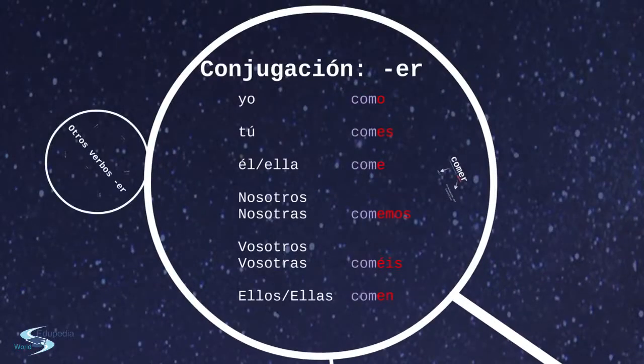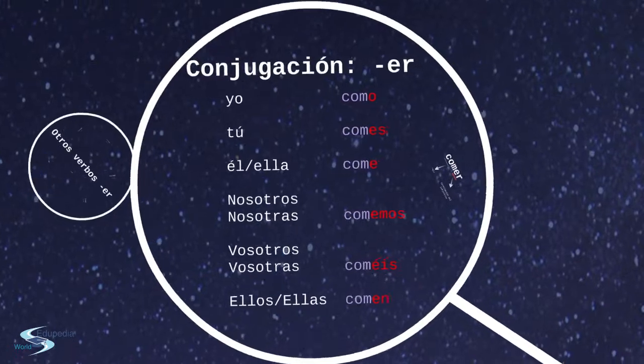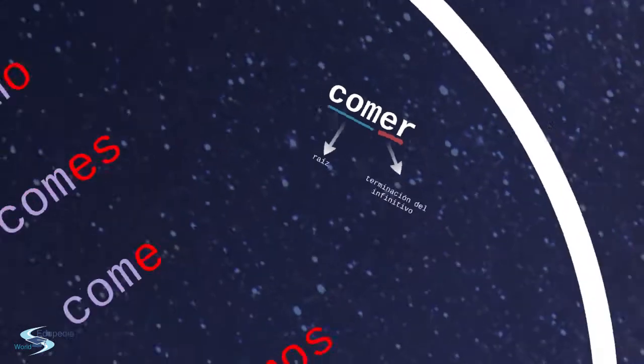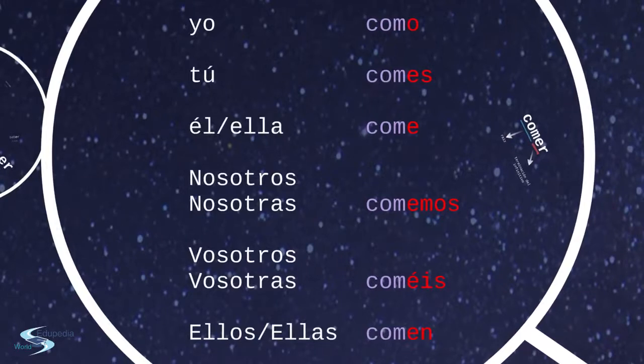And now, how do we conjugate the verbs ending with er, such as comer? Again, here we find com would be the stem, la raíz, and er would be the ending, terminación del verbo. And how do we conjugate the er verbs? So now on the screen you have the same pattern you had before with the ar, with the stem in purple, and the endings in red.